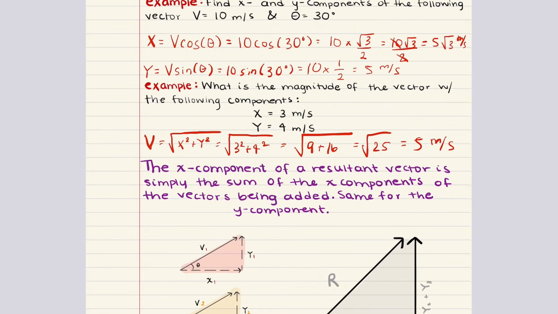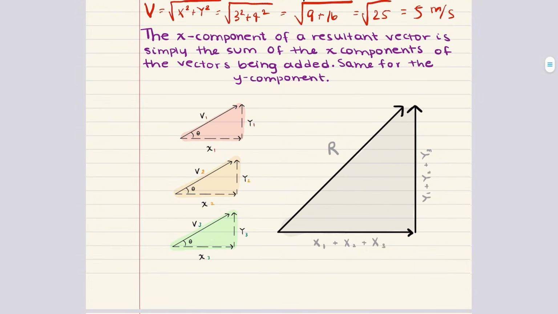Now that we understand how to do this, the next thing I want to talk about is what happens when we're adding multiple vectors. When we're adding multiple vectors, the analytical method allows us to sum the individual x and y components separately. So let's say our goal is to add vector 1 plus vector 2 plus vector 3. v1 plus v2 plus v3 gives us our final resultant vector r.